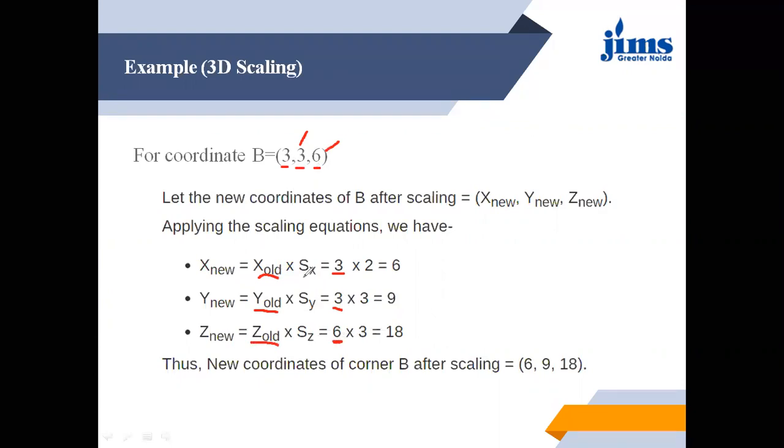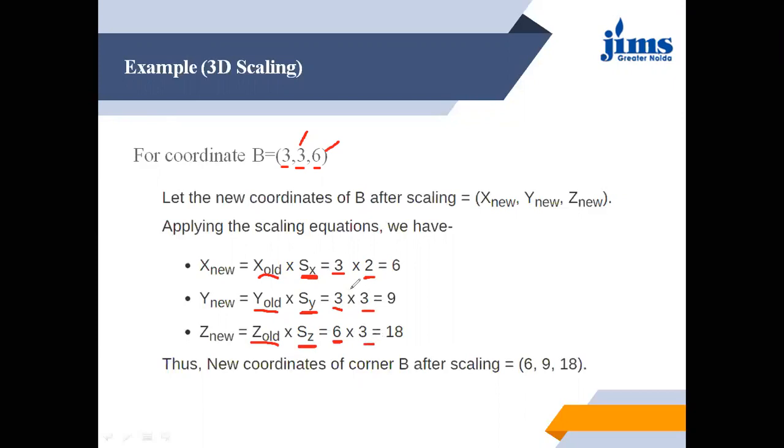The scaling factor in the x direction is 2. This is given. The scaling factor on the y axis is 3 and the scaling factor on the z axis is also 3.